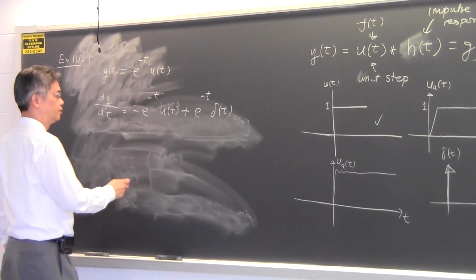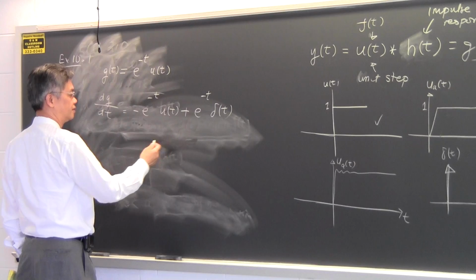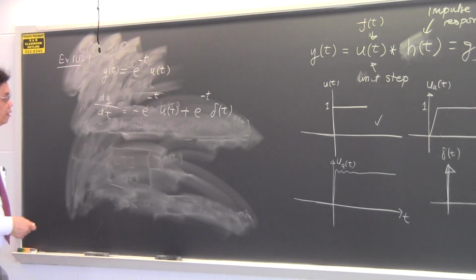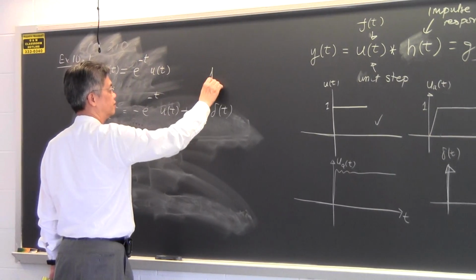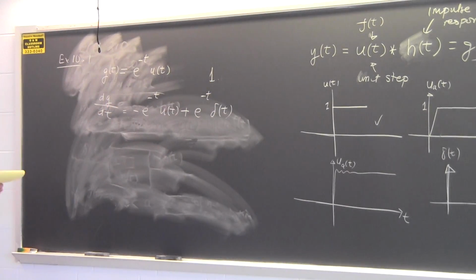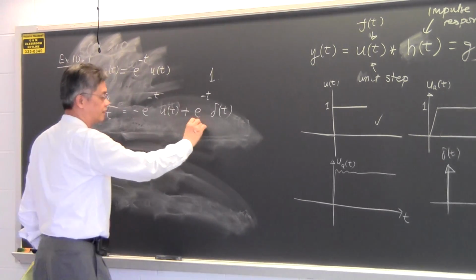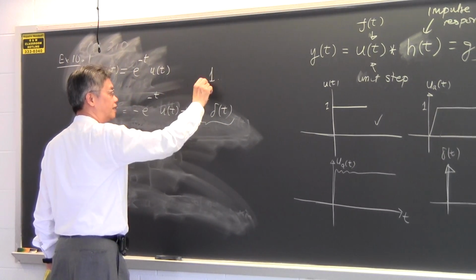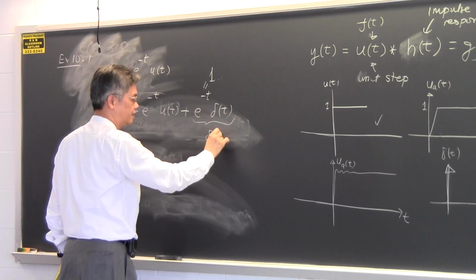So this one is just equal to 1. Using the shifting property of the delta function, you can set this to be equal to 1, and this is just delta(t).